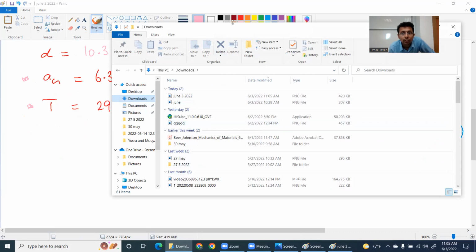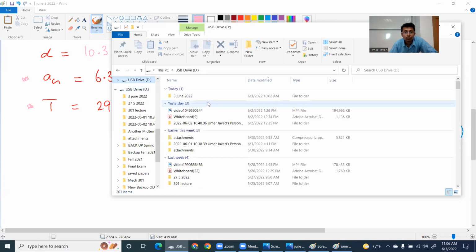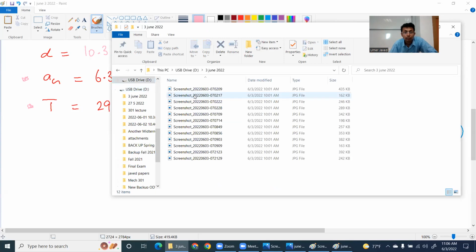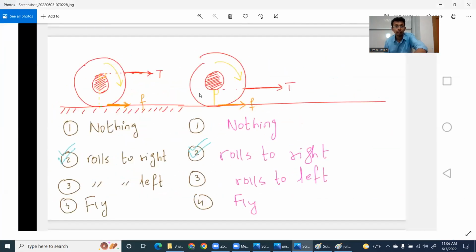Let me pause the recording. I think I will have to connect the flash again. So I think you have to bear with me then.